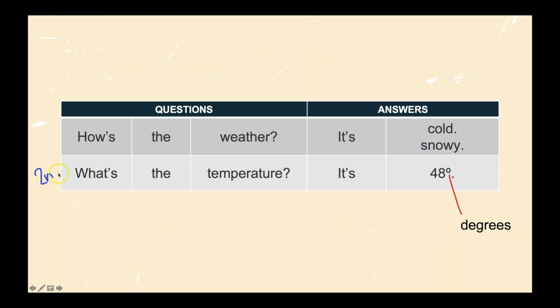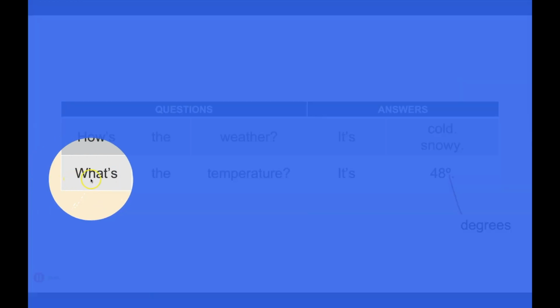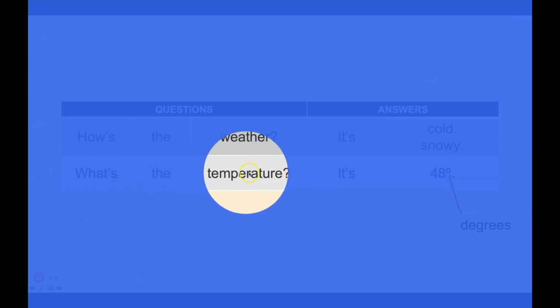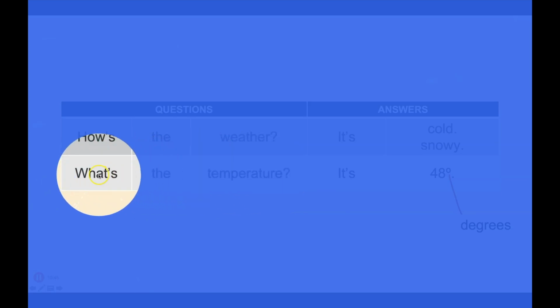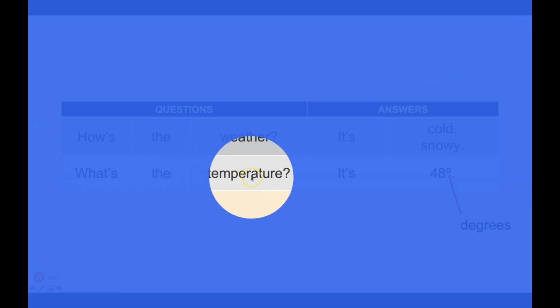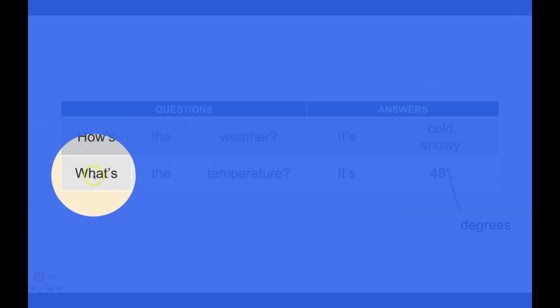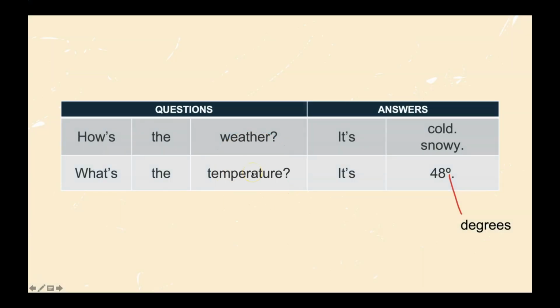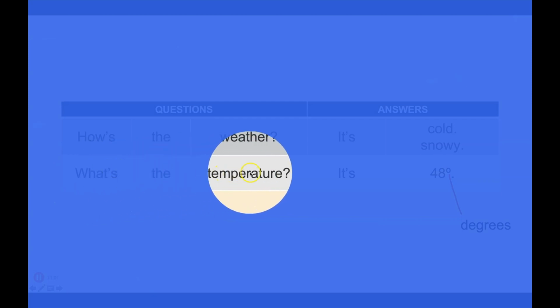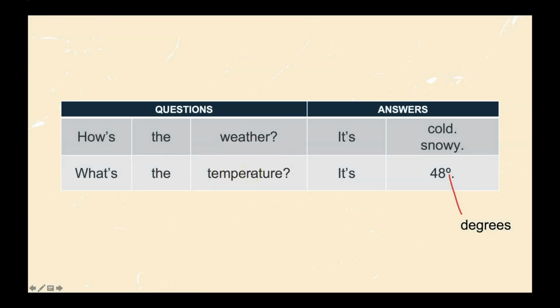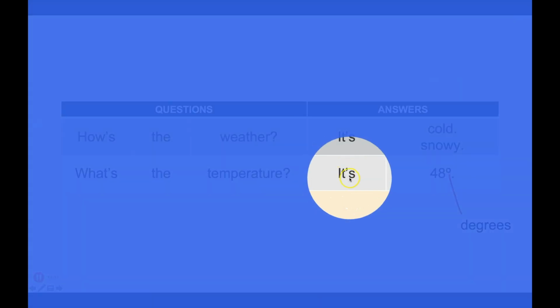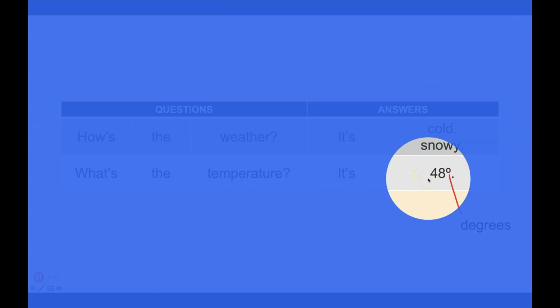Our second question, question number 2, is what's the temperature? What's the temperature? Repeat. What's the temperature? Again. What's the temperature? Okay, so if the question is what's the temperature, it's 48 degrees.